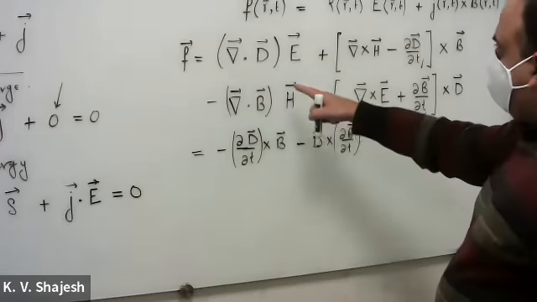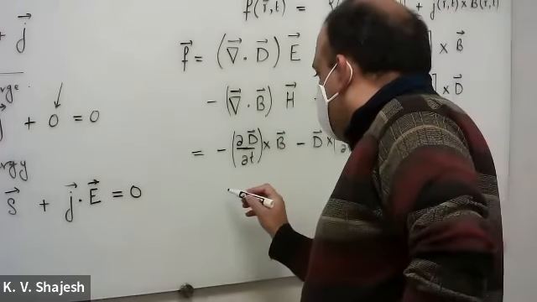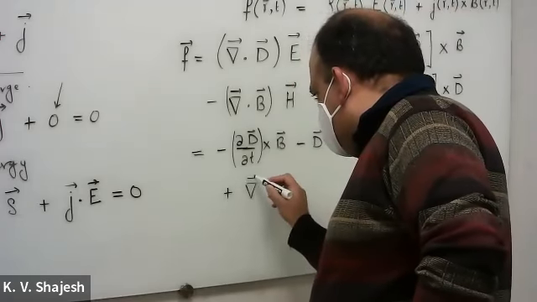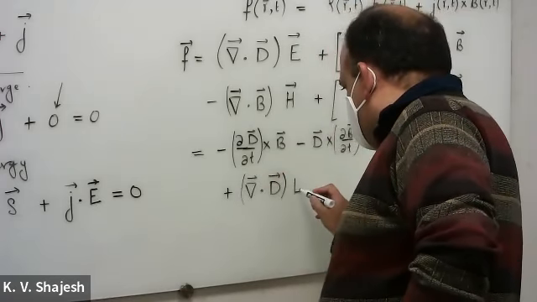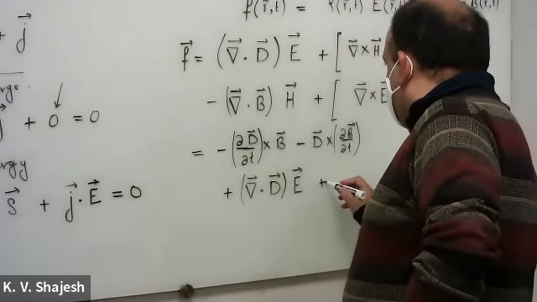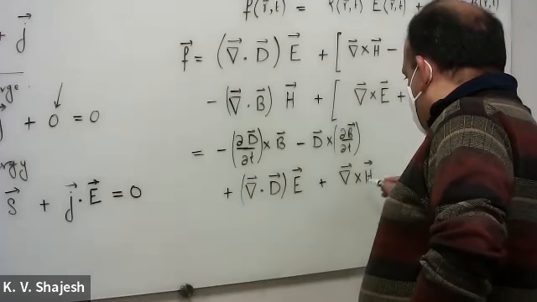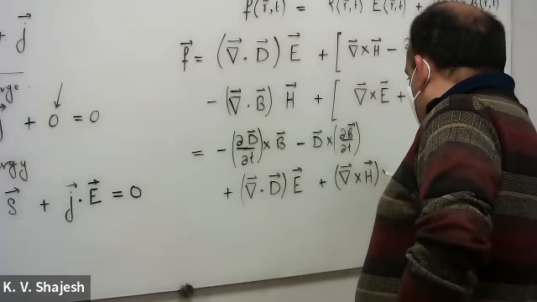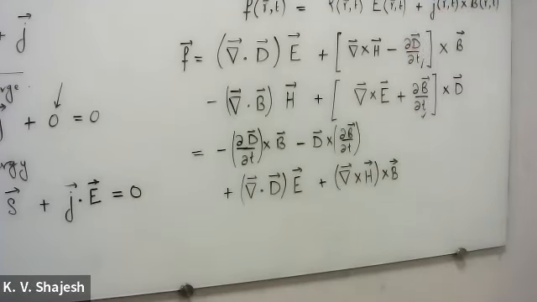Okay, and then I have a few more things here, so let me collect them. So that's plus del with D, E, and this is plus del cross with H, crossed with B. Oh, sorry, I don't want to write it like that.